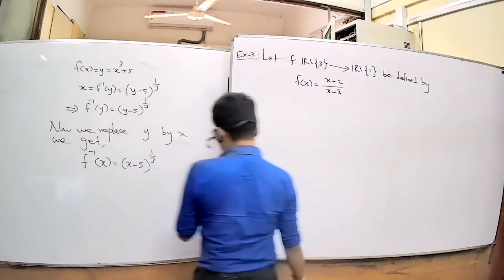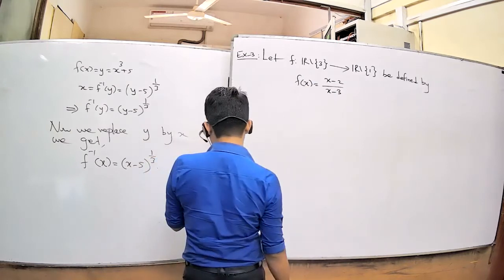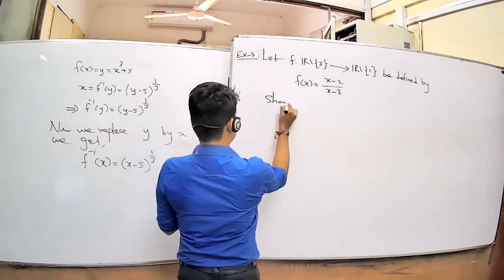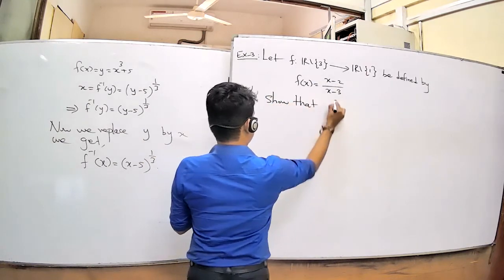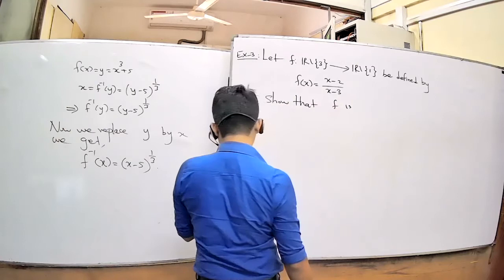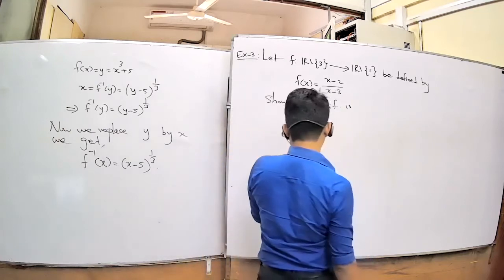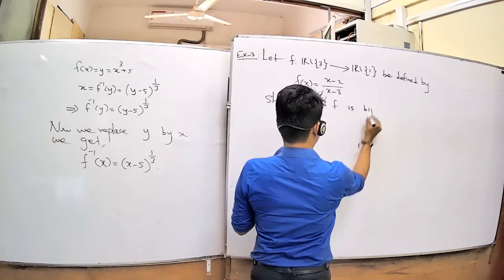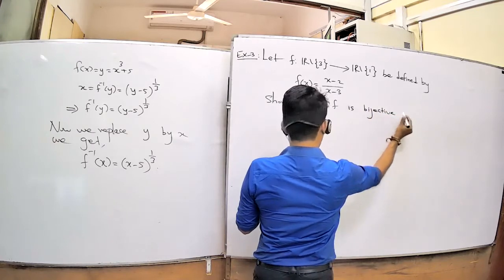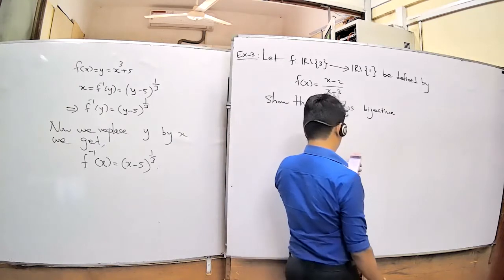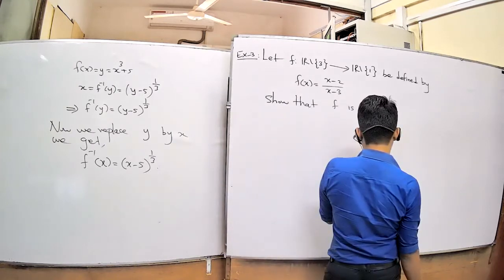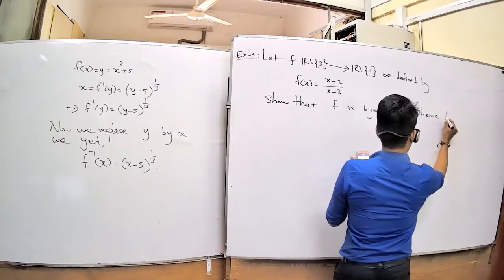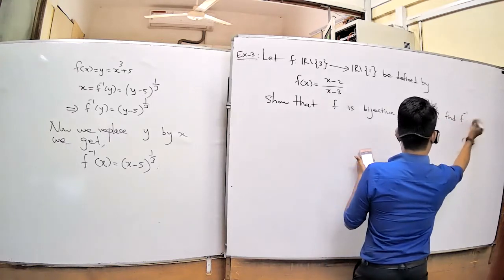Show that f is invertible, so that f is bijective, and hence find f inverse.